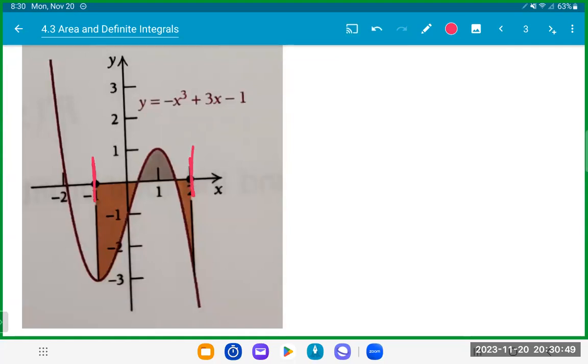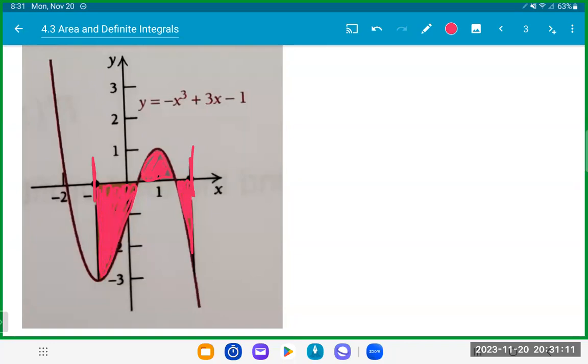If you look at this space that's colored in, all of this space along with this space looks to be a considerably larger area than just this space.